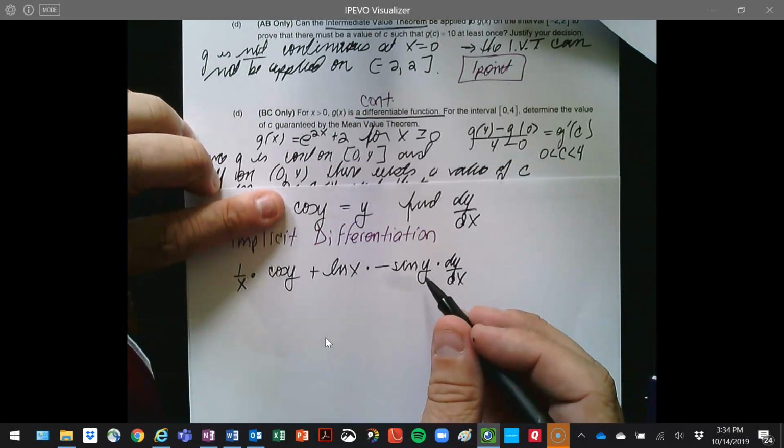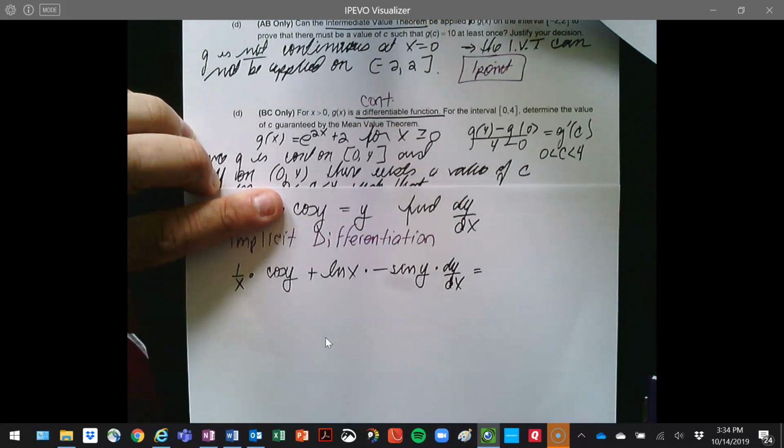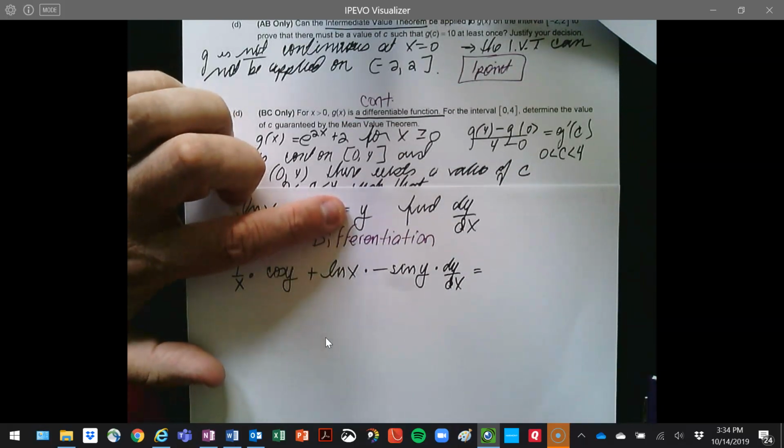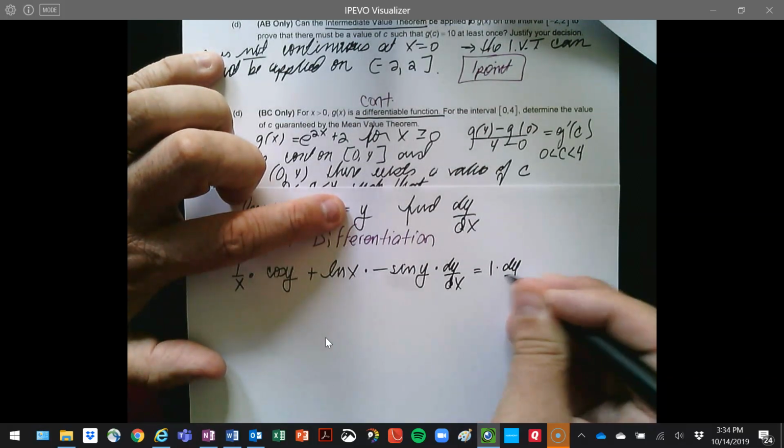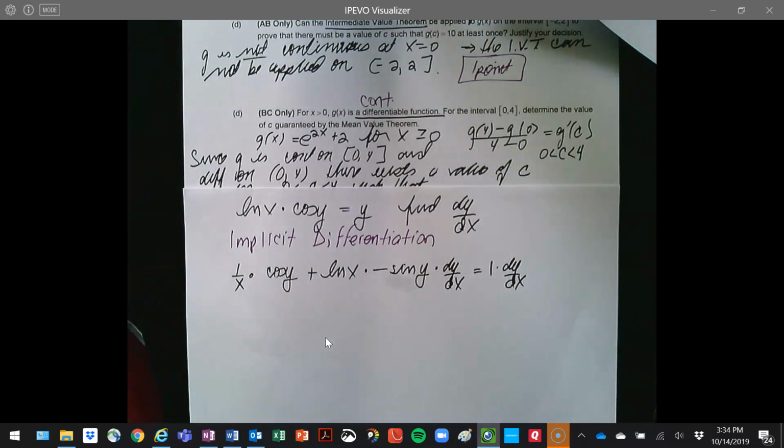You just took the derivative of an expression involving y, but you're taking the derivative with respect to x. Now don't forget to finish this off. You have to take the derivative of y, and the derivative of y is 1 dy/dx. Okay, so far so good.